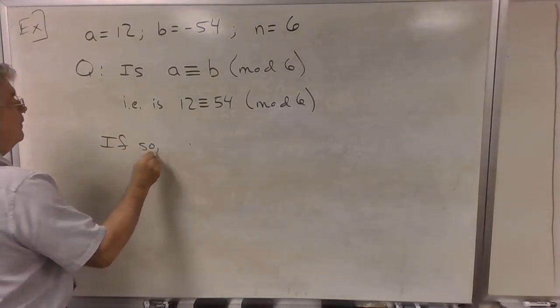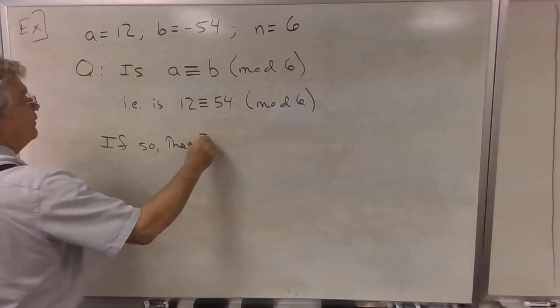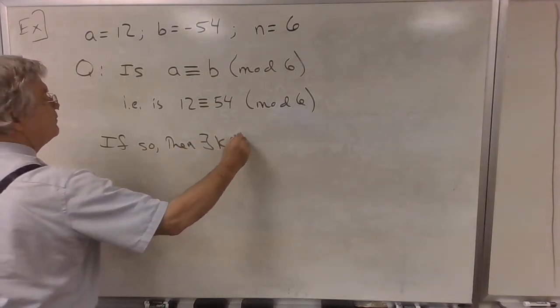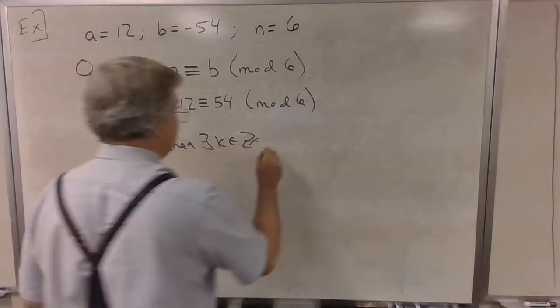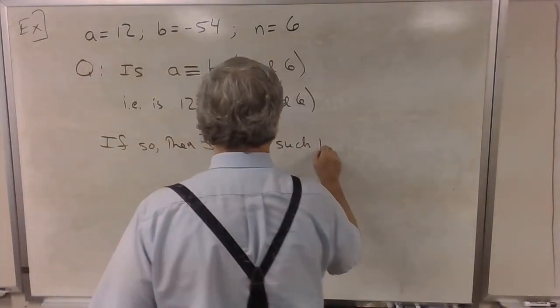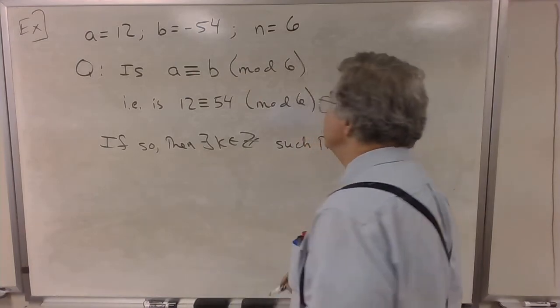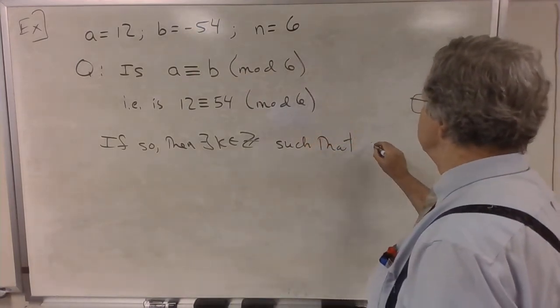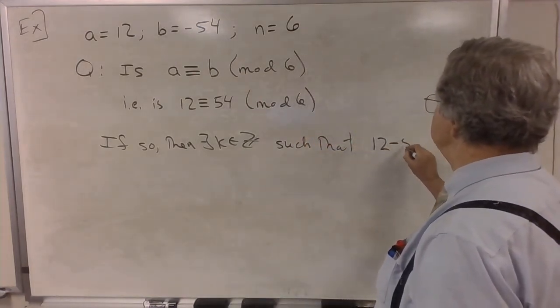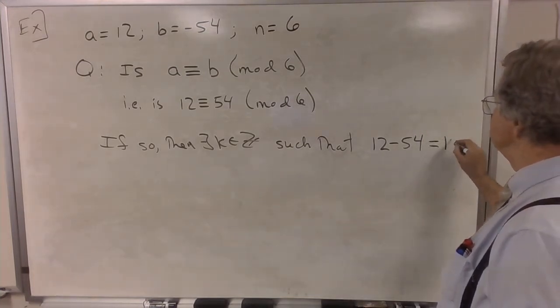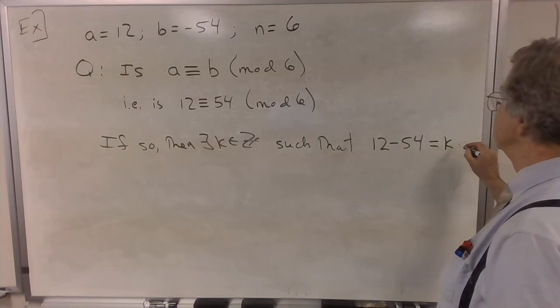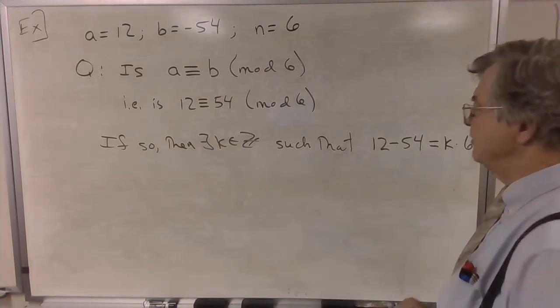Well, if so, then there exists some integer k such that 12 minus negative 54 is equal to k times 6. Let's check.